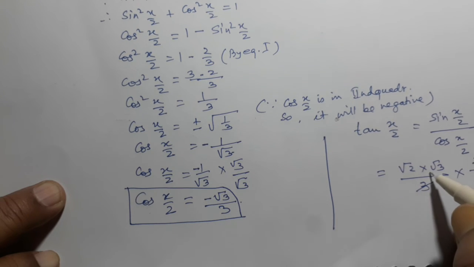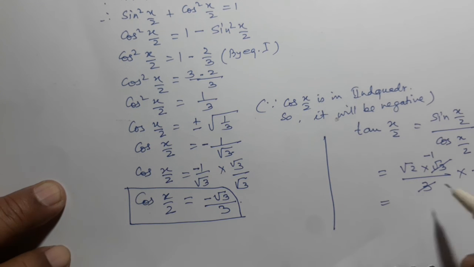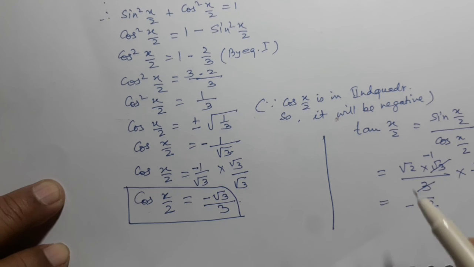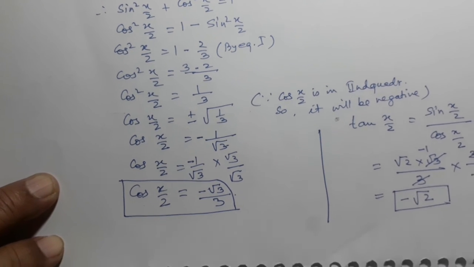Root 3 and root 3 cancel, and minus 1 remains, so tan x by 2 will be minus root 2.